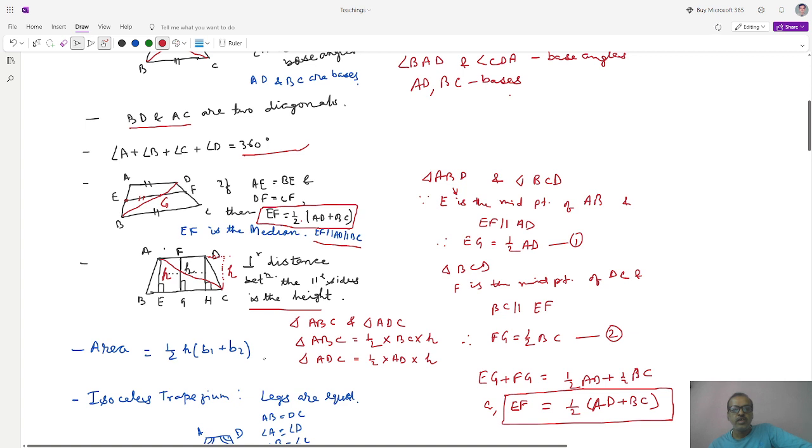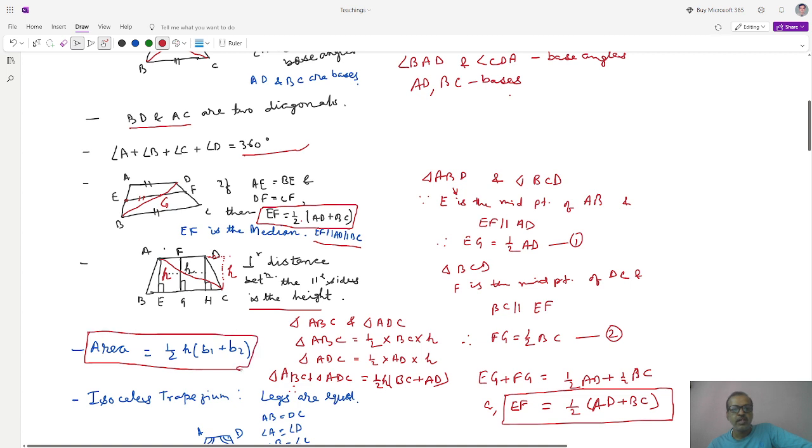Okay. So if we add the area of triangle ABC plus triangle ADC, then we will get half into H into BC plus AD. Therefore, the area of trapezium ABCD equals half into H into B1 plus B2.